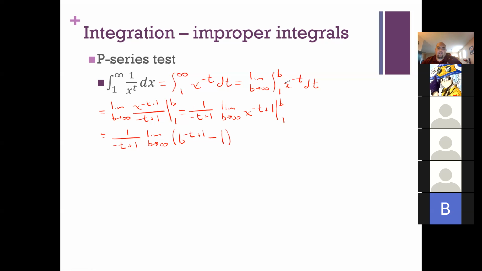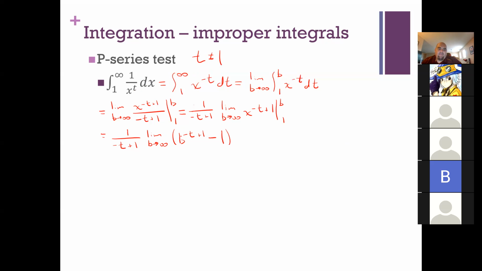A lot of votes for 1, and hopefully that makes sense with what you know about this integral and the p series. The integral of 1 over x is not something the power rule works with. So I should have specified right away that t cannot equal 1, because if t does equal 1, it's a very, very different situation.